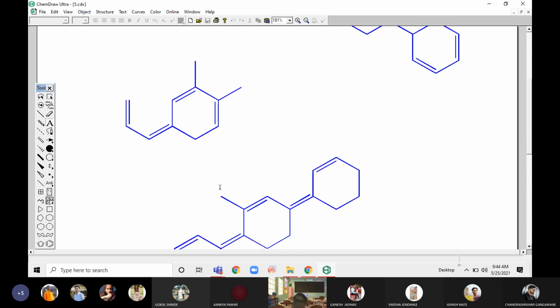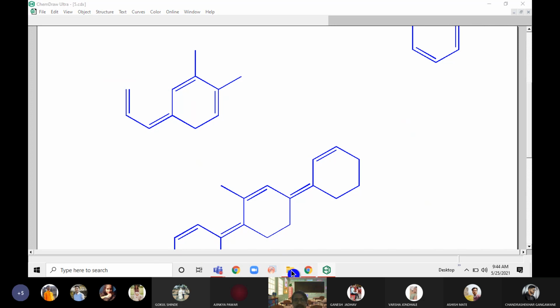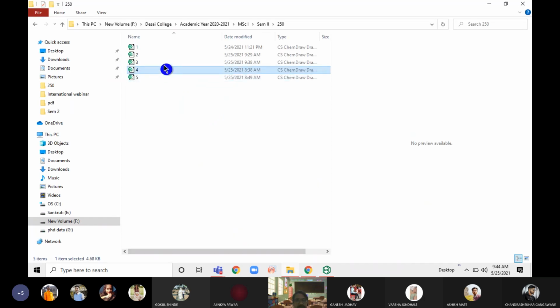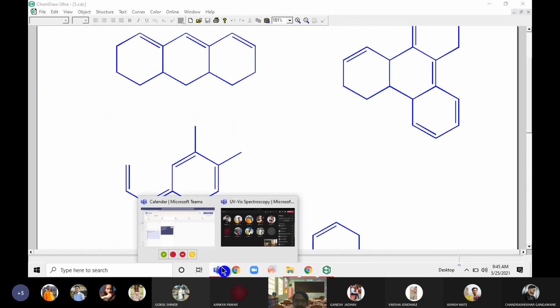You can take a screenshot, but no need, I'll share all these files with you. There's one more file, but during saving I think I have saved something wrong. Yeah, see, the timing difference is there. It's okay, we will do that later on. So there are 5 systems, and I'll share all of this with you.